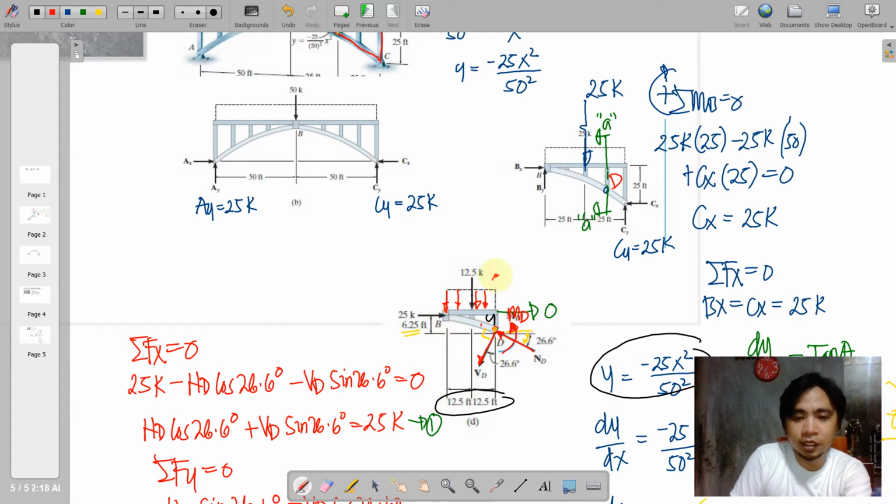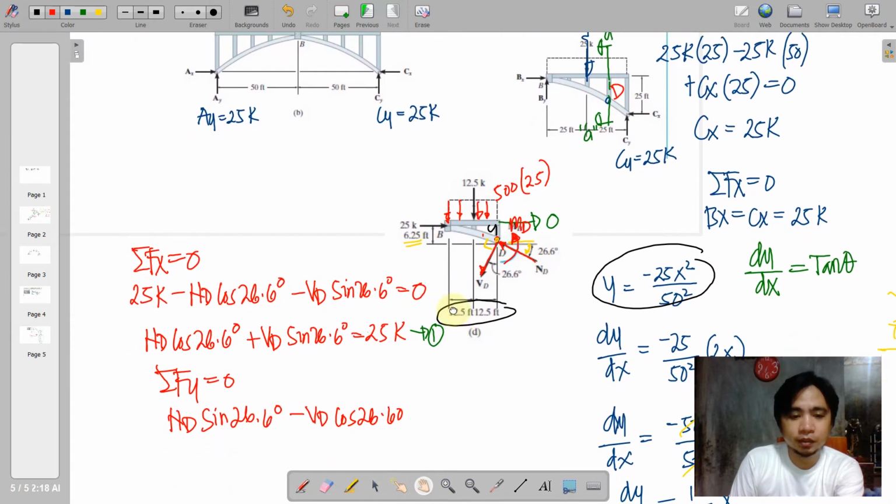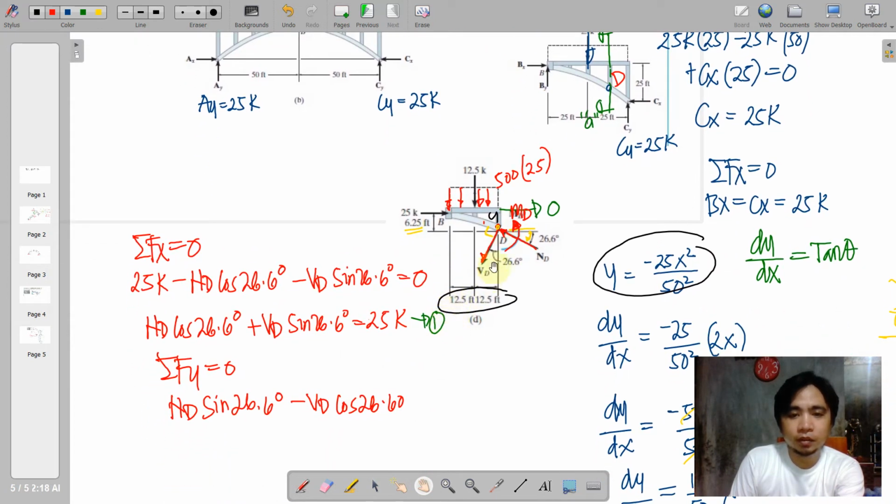Okay, so this is actually 500 times 50, or we should say 25. So this is 25, okay? 500 times 25 is 12,500 pounds or 12.5 kips. Okay, so this is the result, 12.5 kips, and that is towards down.